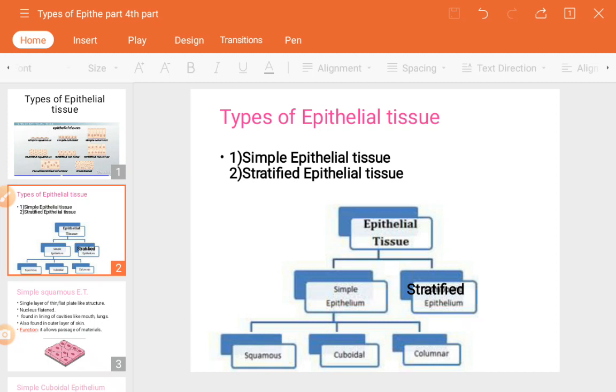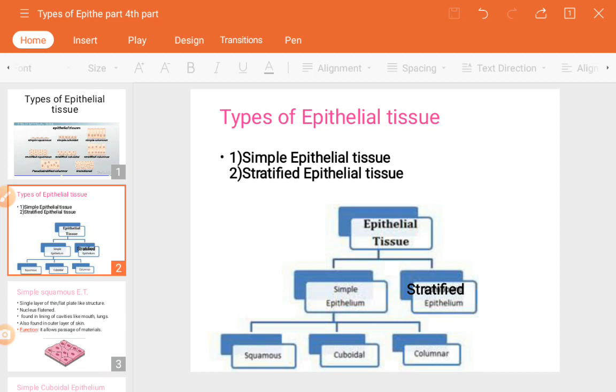Again the simple epithelium tissue is subdivided into the simple squamous epithelium tissue, simple cuboidal epithelium tissue and simple columnar epithelial tissue. We have seen the images in the previous video, or the second video.